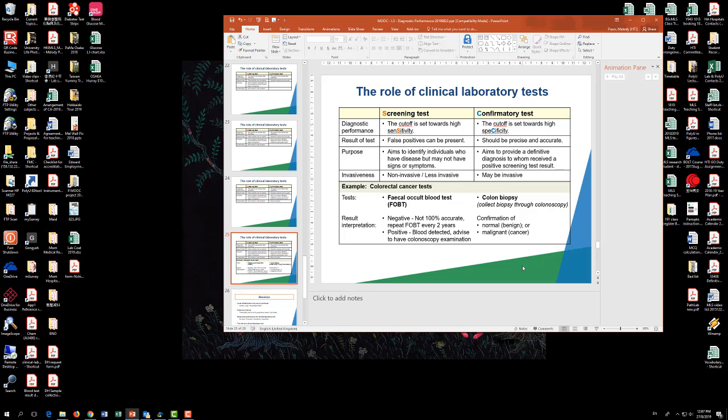So actually it is more invasive, but it can be the best confirmation test for colon cancer.